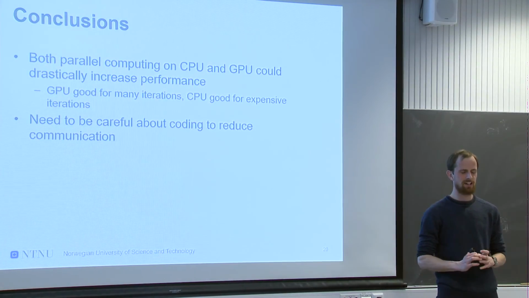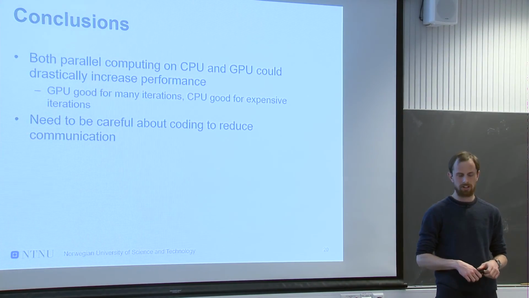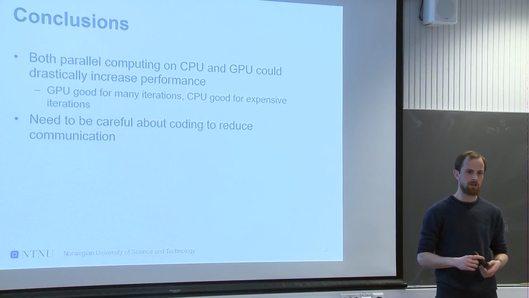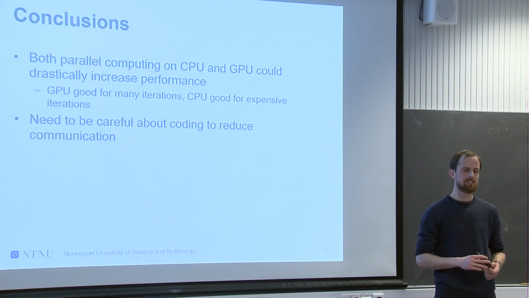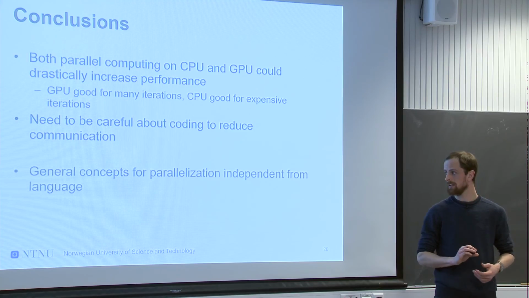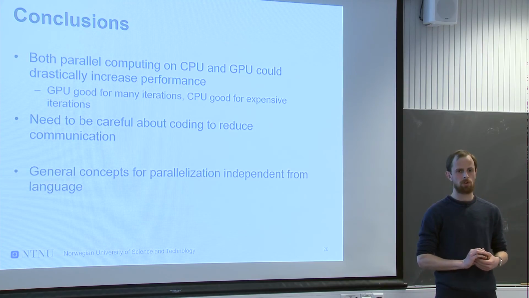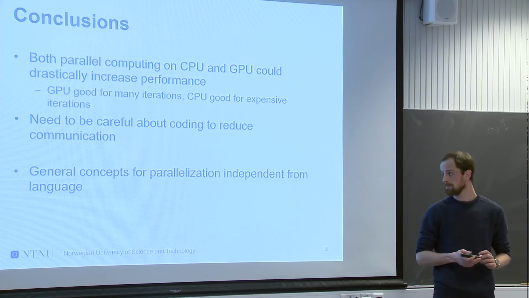You have to be a bit careful how you code to reduce communication. MATLAB gives you a lot of information about that, whether what you do is problematic or not. You can listen to it, and it normally helps a lot, in my opinion. And an important take-home message: what I said about loop variables and how they should be treated is independent of whether you use Fortran, C++, C, or MATLAB. You just need to understand these concepts.